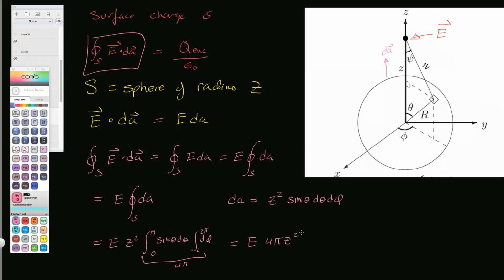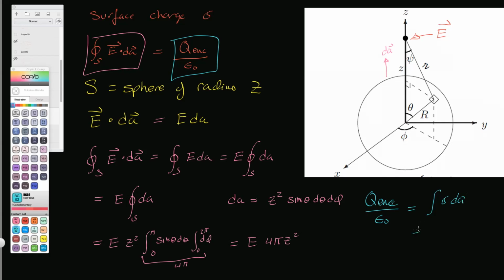Okay, so that's one side. Now we need Q enclosed over epsilon naught. Well, we know that's the integral of the surface charge density, which is a constant, times dA.